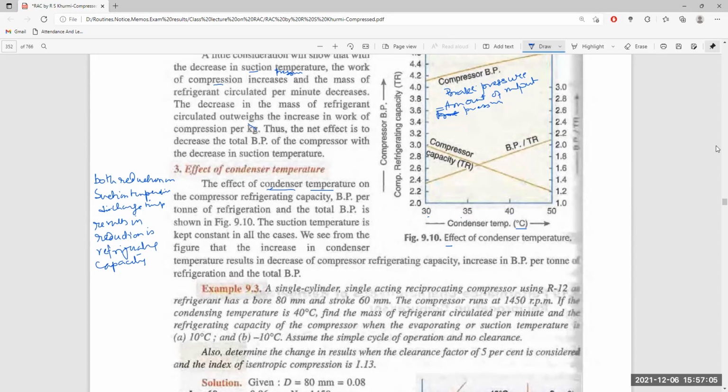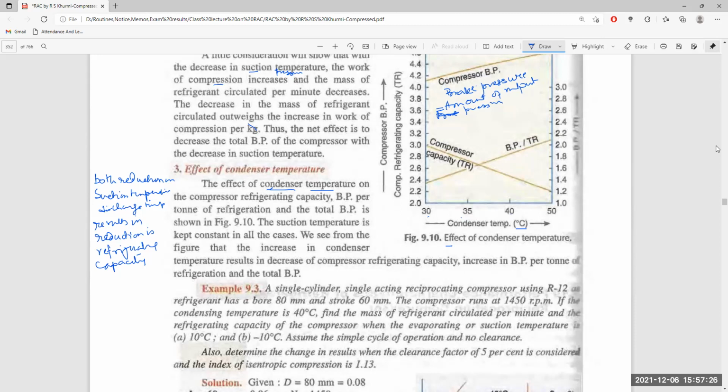So let us go through one practical problem. A single cylinder, single acting reciprocating compressor using R12 has a bore of 80 mm and stroke of 60 mm. The compressor runs at 1450 rpm.